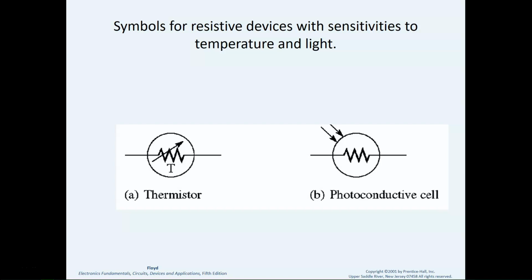You can use something like a photoconductive cell as their primary switch. So the more light it gets, you can make it to where that shuts off the circuit. And then whenever it has very little light, it turns the circuit back on. Kind of a different way to do that.